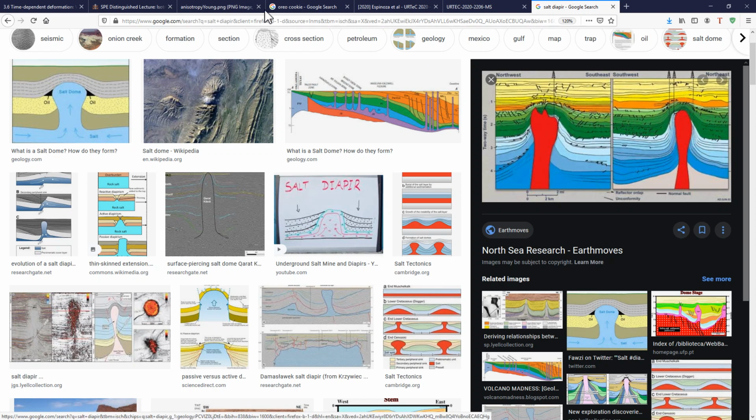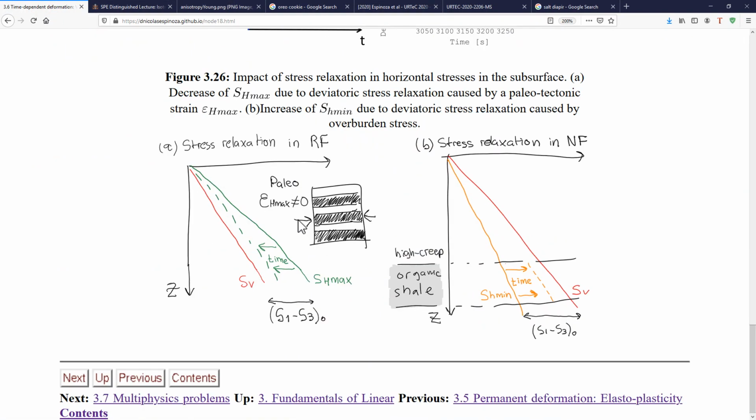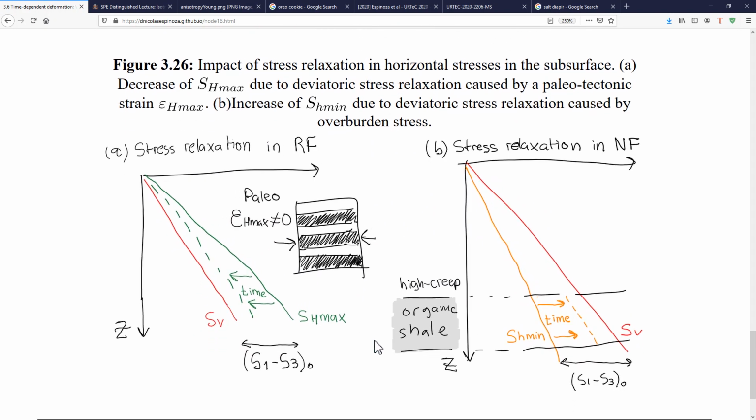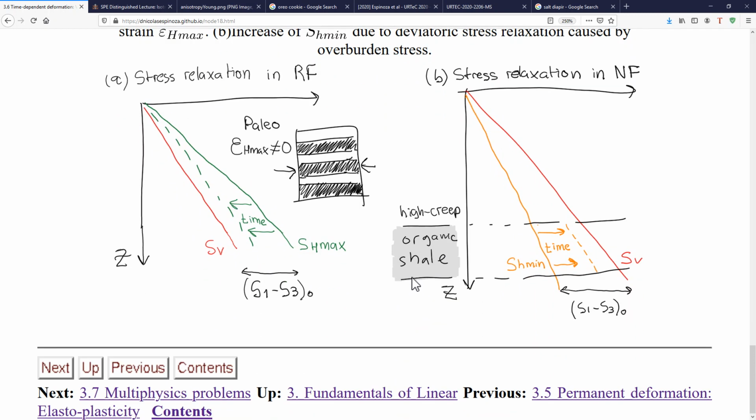I have another example about this type of manifestation. We see that there are some formations like organic shales that are also viscoelastic and develop this time-dependent deformation. And if you remember, what we have seen from these elastic earth models is that the higher the tectonic strain we have, the higher the horizontal stress is going to be.